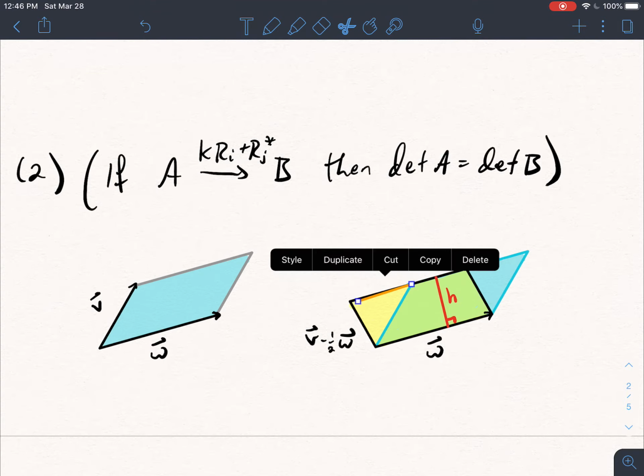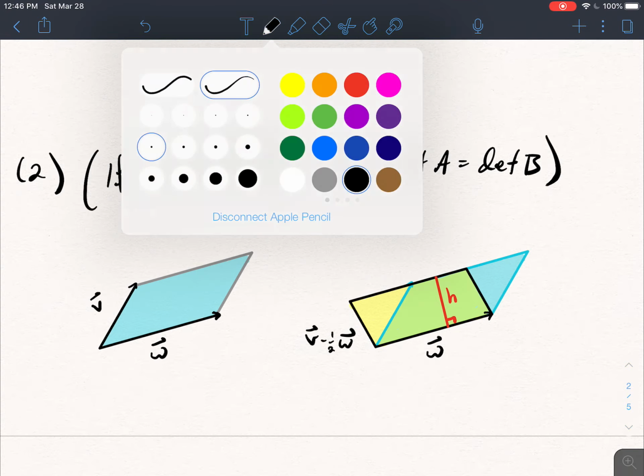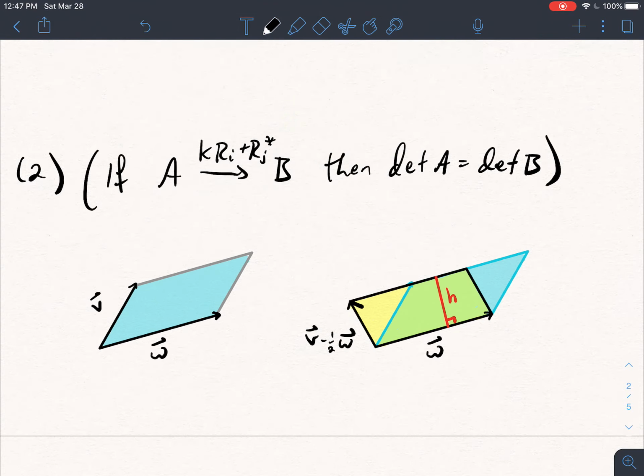I'm taking the vector v and adding half of w to it, and that takes me from that blue vector to this vector right here.